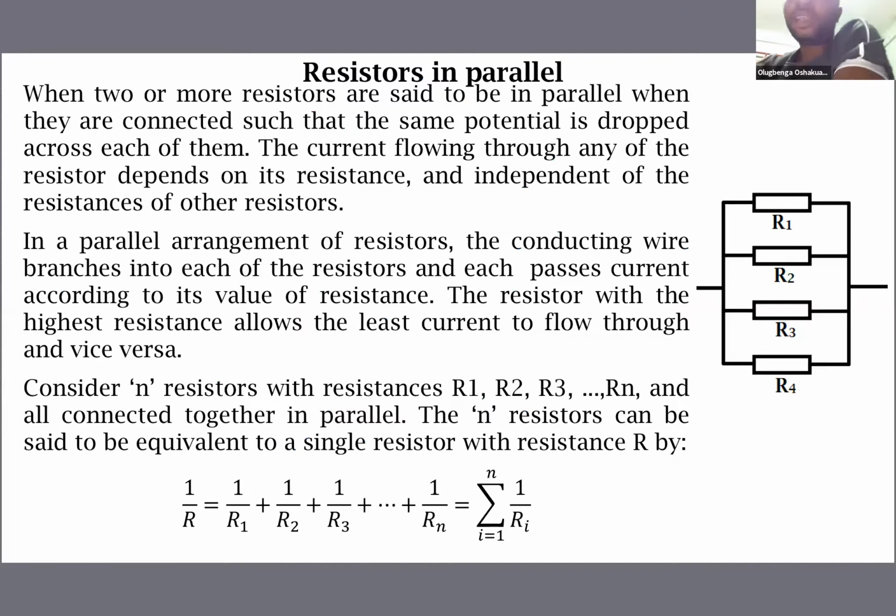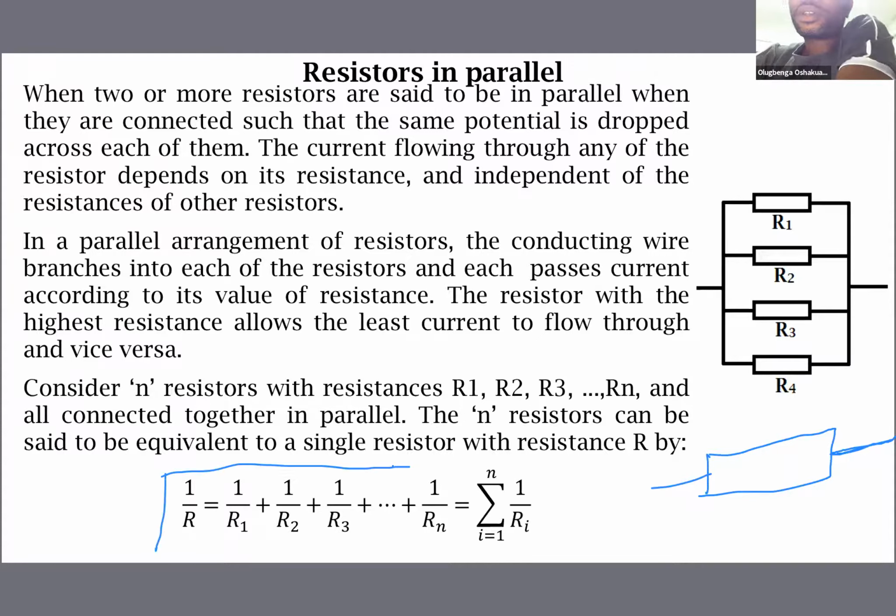When we have resistors that are in parallel, there is also a way we can replace these 4 resistors with a single equivalent resistor. It can be obtained by solving this equation.